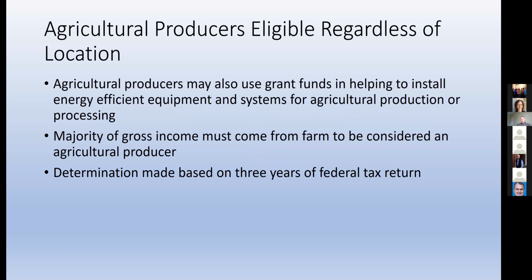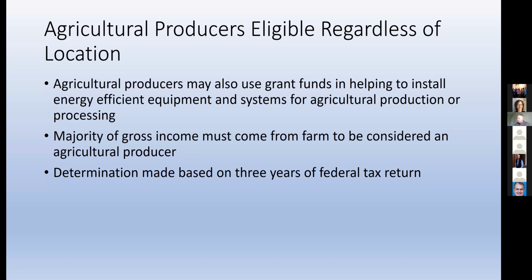Agricultural producers are eligible regardless of location, as long as you meet that definition of what an agricultural producer is that we just talked about. They can use grant funds in helping to install energy efficient equipment and systems for agricultural production and processing. So if you're in Shelby County in an urban area, you could still qualify. Majority of gross income, like we said, must come from the farm to be considered an ag producer.